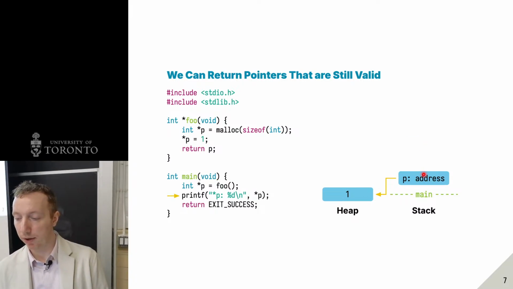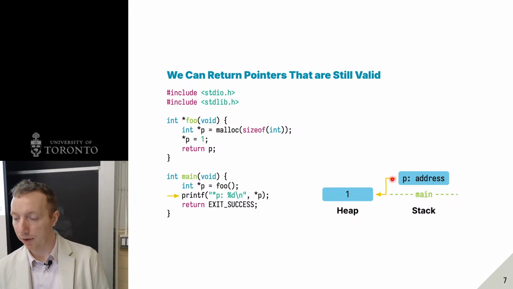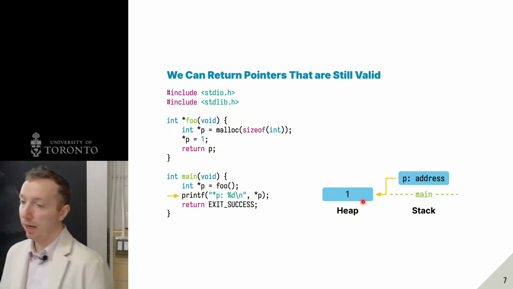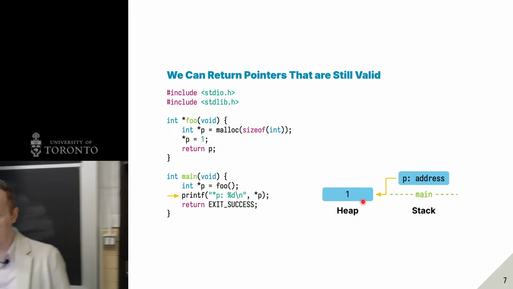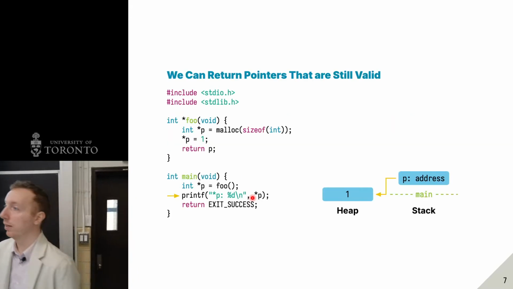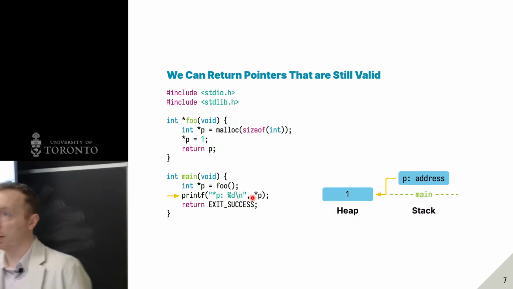That address won't change, and it is still pointing to that location on the heap. So main's p will have the same address that points to the location on the heap that is still valid. Now if we dereference p, it will be 1, and everyone will be happy. Everyone okay with that? It still exists, still all good.